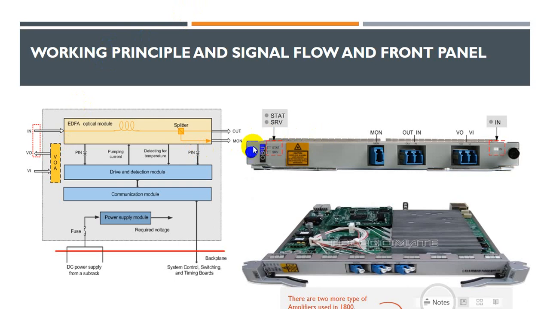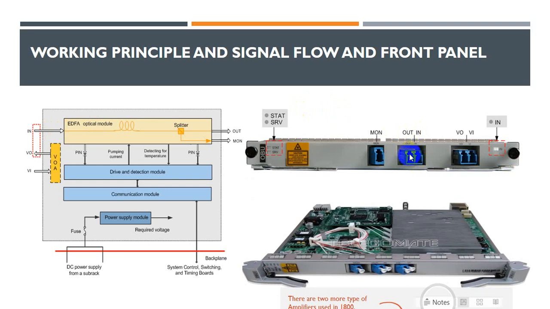In the front panel it looks like this. OBU, there are status indication and service indication LEDs, and you have a caution because this has a laser, so that will always be there. And this monitoring port, so this monitoring port is this port, and out and in ports. So in, this is the in, and this is the out.